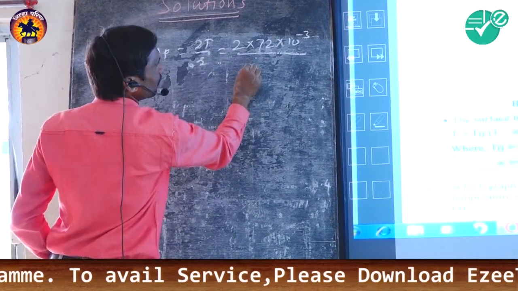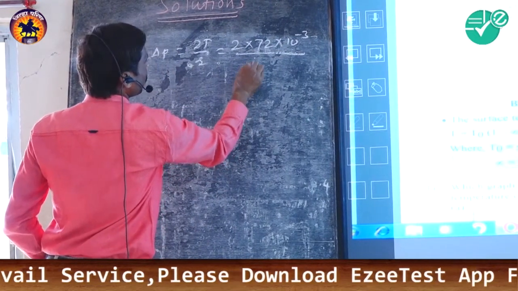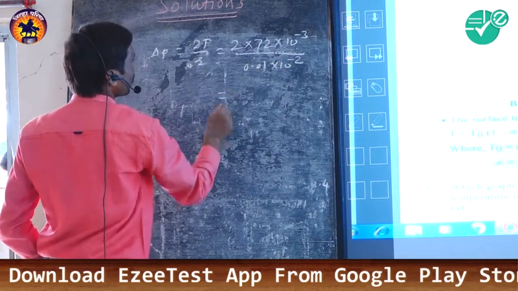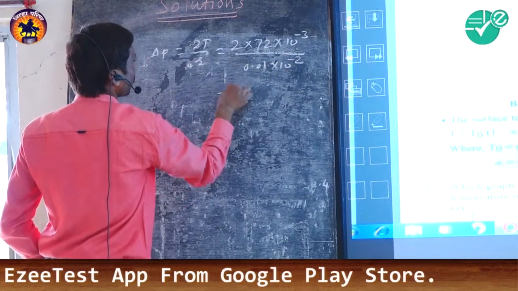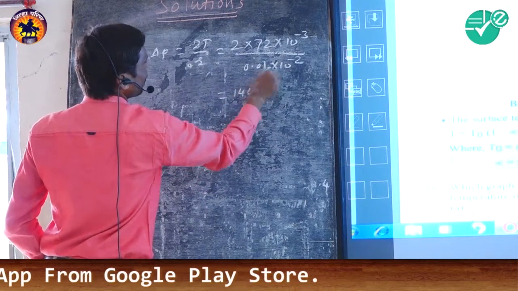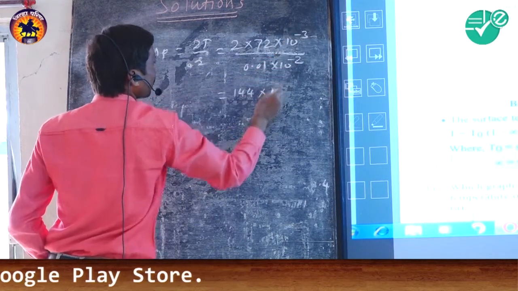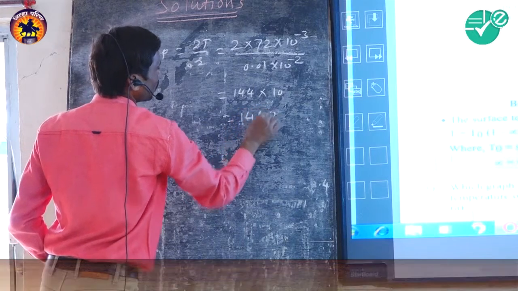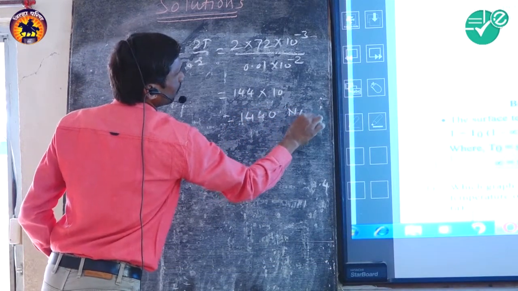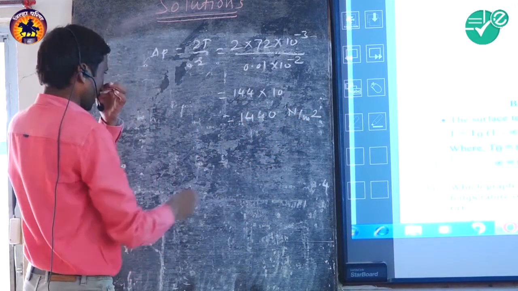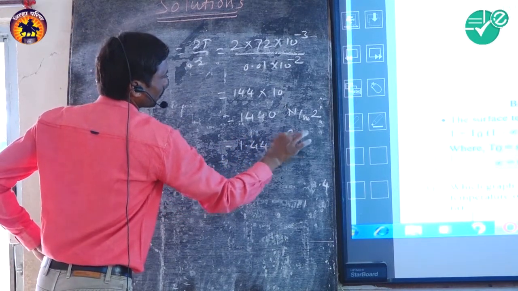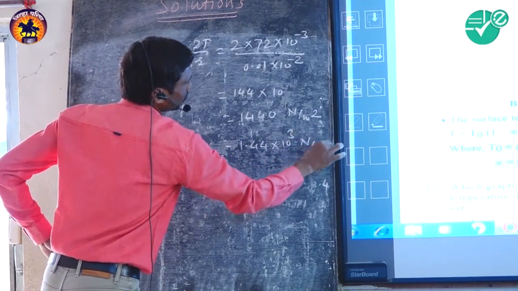Diameter is given, so r is 0.01 into 10 raised to minus 2. So this is equal to 144 into 10 raised to minus 4. Shifting to the numerator, we get 10, so it is 1440 Newton per meter square. It is written as 1.44 into 10 raised to 3 Newton per meter square.